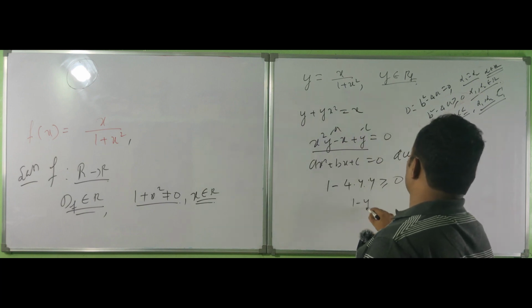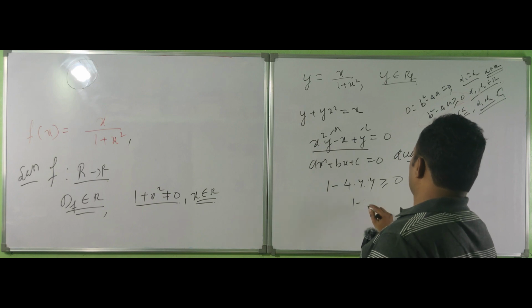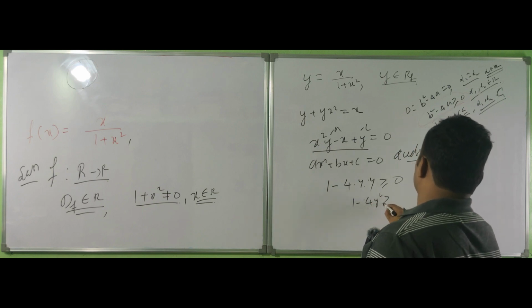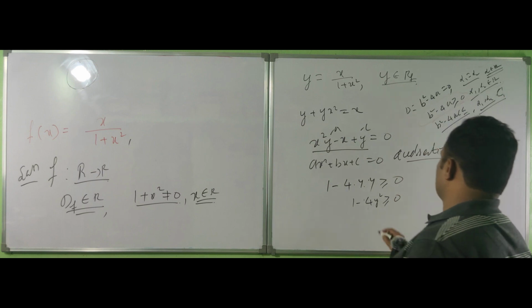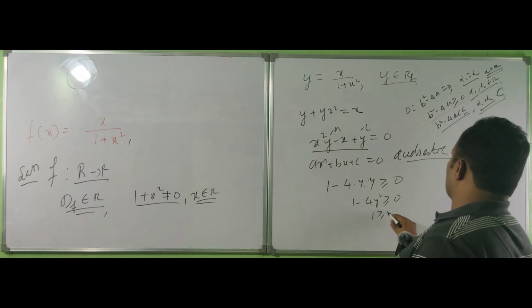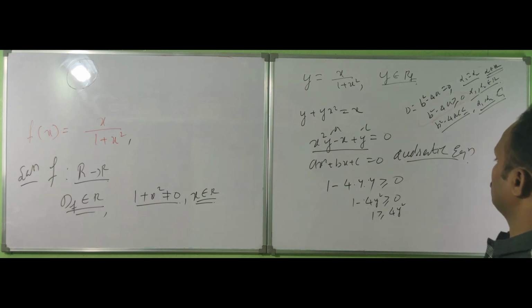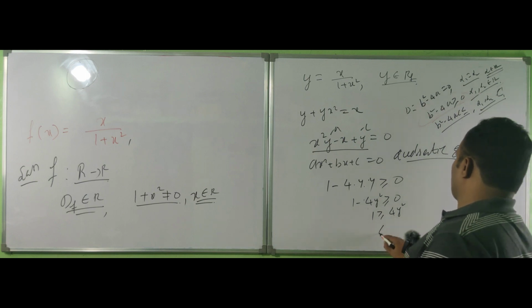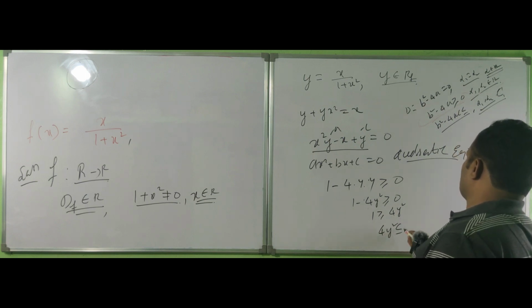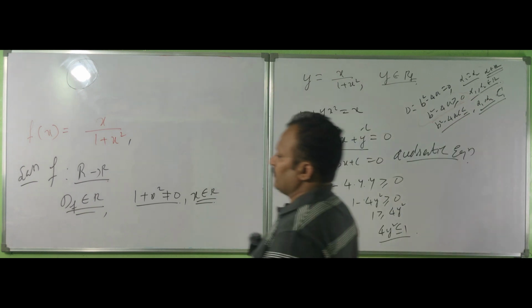Yes, 1 minus 4 into a into c, this is a and this is c, greater than or equal to 0. So 1 minus 4y square is greater than or equal to 0, meaning 1 is greater than or equal to 4y square, and 4y square is less than or equal to 1.